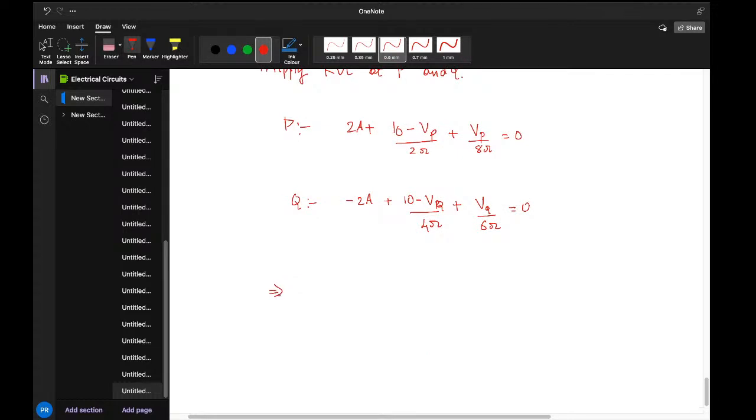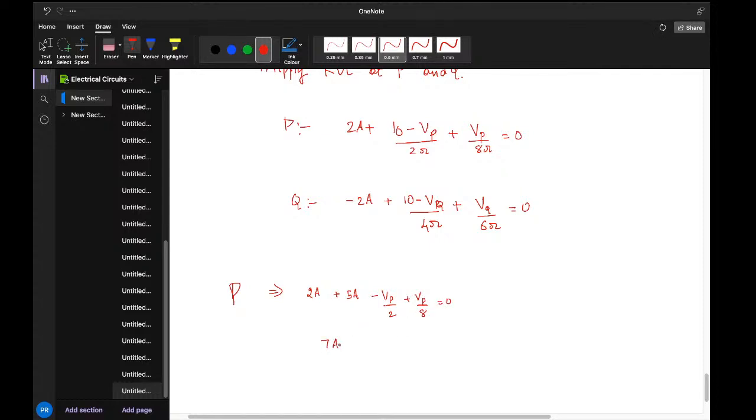So out here for P we have 2 amps plus 5 amps minus Vp by 2 plus Vp by 8 over here is equal to 0.